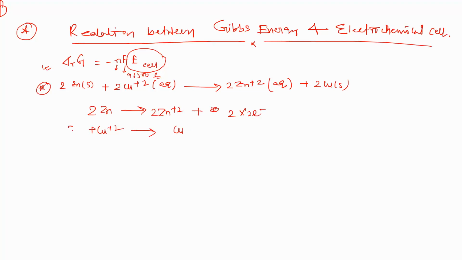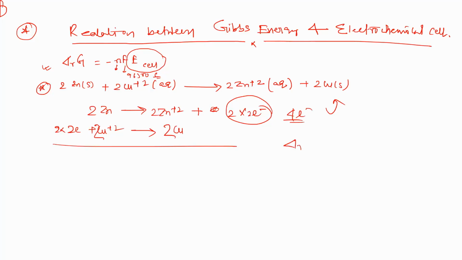Here we need 2 electrons, but we have multiplied by 2, so it will be 2 and it will be 2. So what is happening here? There are 4 electrons involved in this reaction. So for that reaction, ΔG equals minus 4F E cell. So this is the normal condition.